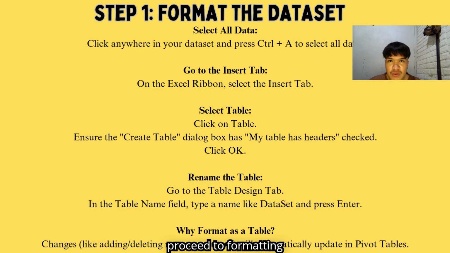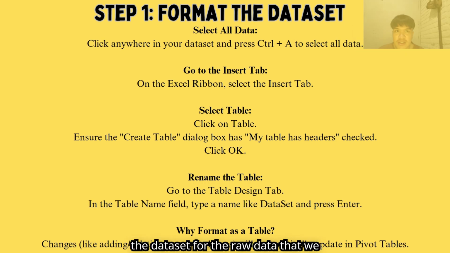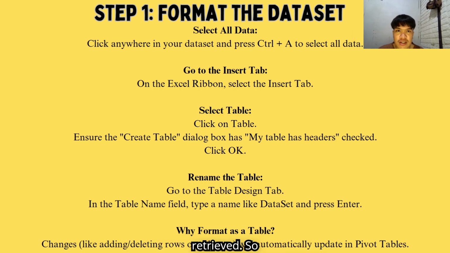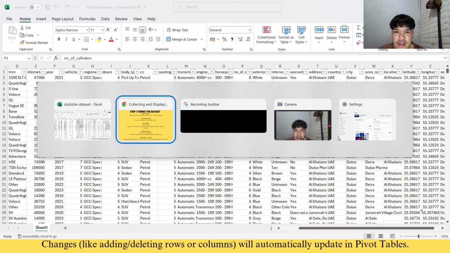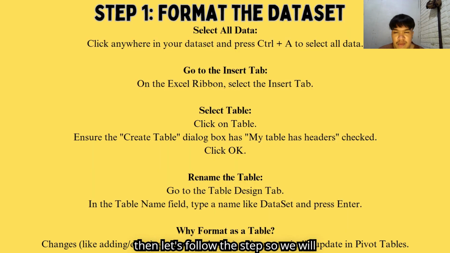So let's proceed to formatting the dataset, or the raw data that we retrieved. First, let me switch to the tab here in my Excel, and then let's follow the steps. We will click anywhere in the dataset and press Ctrl A to select all data.